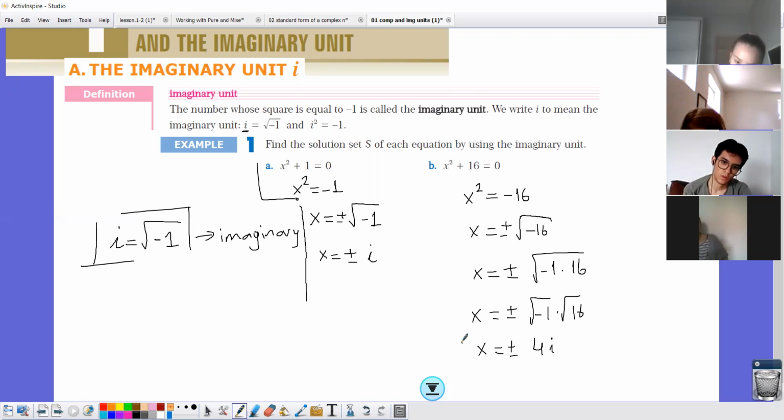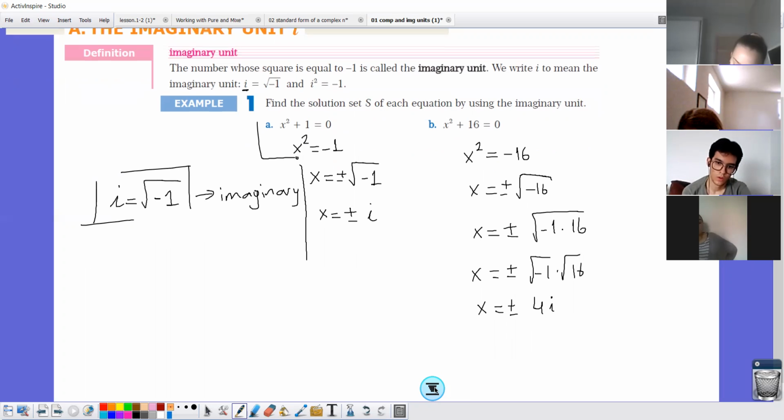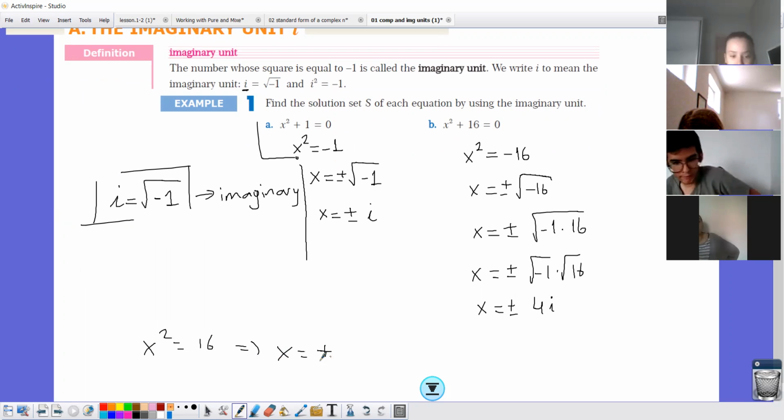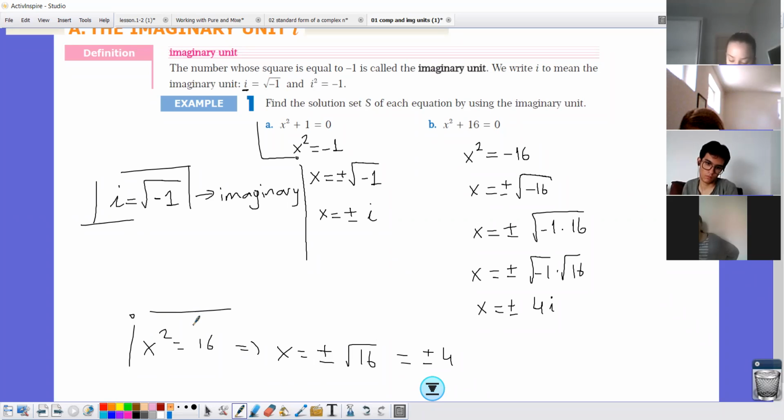If it was 16, a positive number, x squared is equal to 16, then x will be plus or minus root of 16, plus or minus 4. Do you remember this from last year's quadratics? Yes. So let's continue.